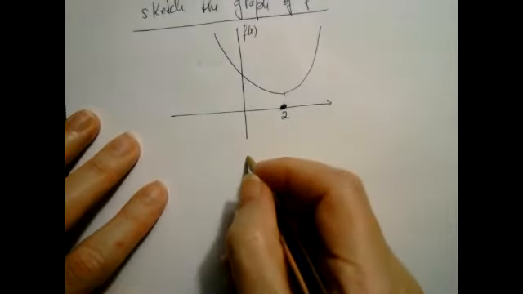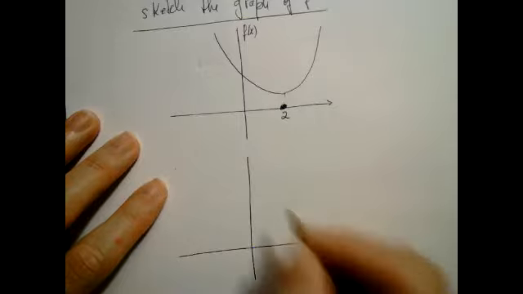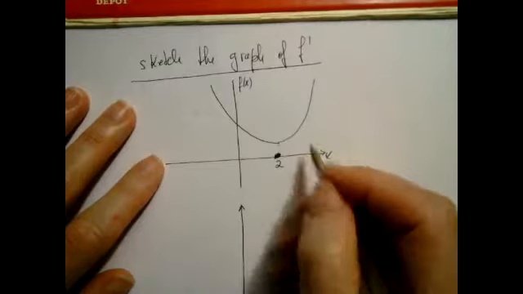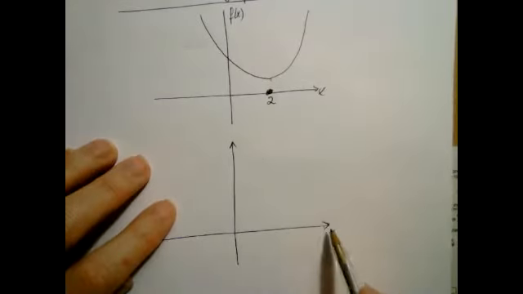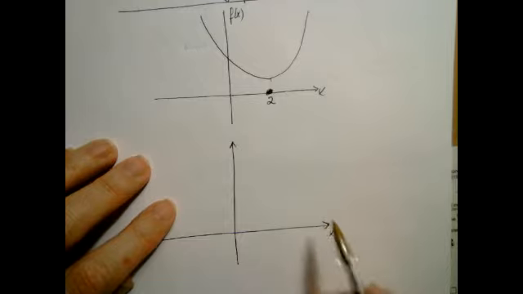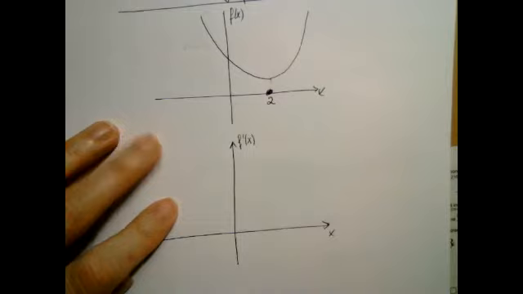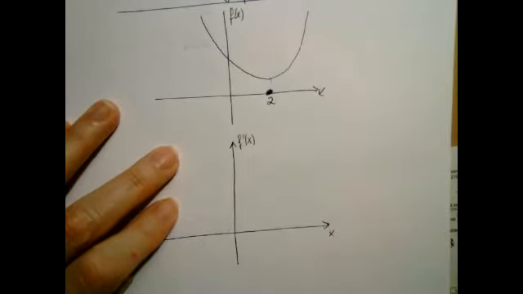It means right below it, I'm going to have a graph. Here, the input is x, the output is f of x. Right here, I want the input to be x, but the output is the slope. So the output is the slope at the point x.